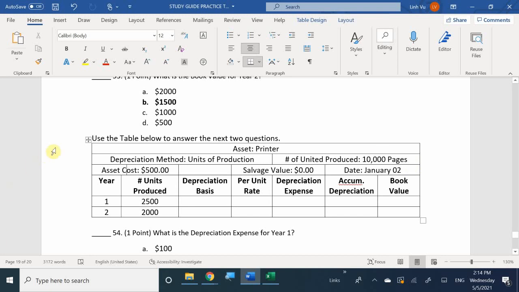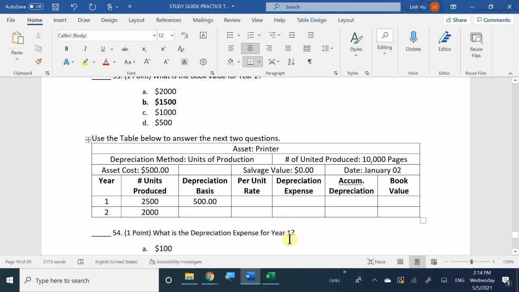So in this case, assuming that we do depreciation at the end of the year, what is going to be my depreciation basis? 500. It's going to be your asset cost minus salvage value, which is 500 minus 0, giving you 500. What's going to be my per unit rate? 0.05.